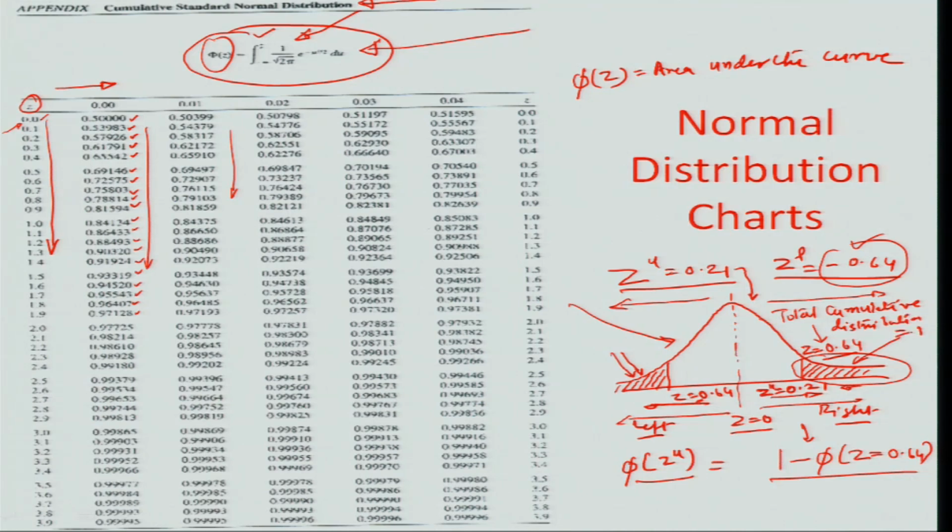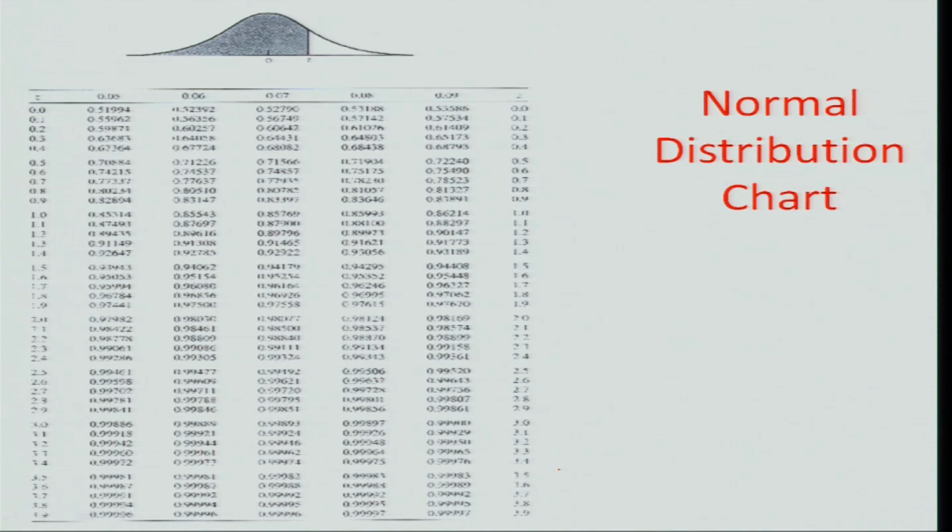In fact, if you look at this particular table, after a z value in the range of 4.99, the value achieved is already 0.99997, so it is typically considered to be equal to 1.